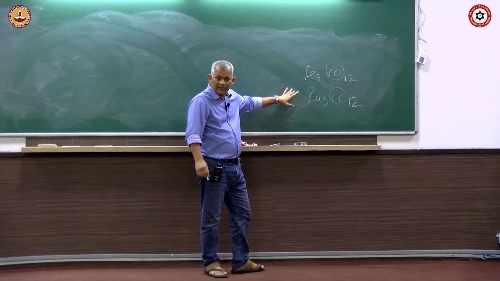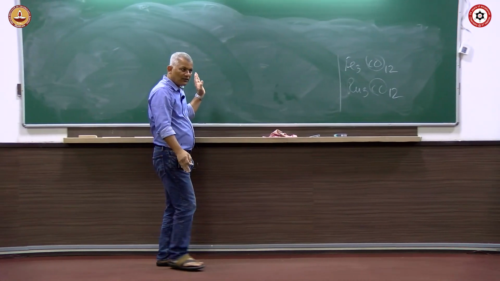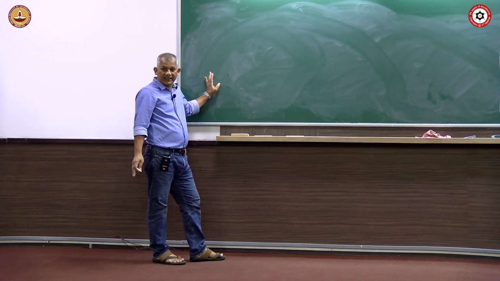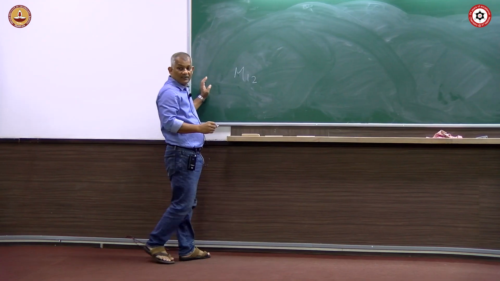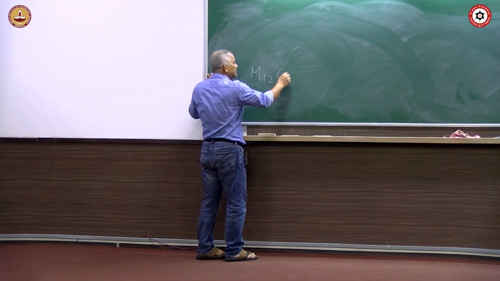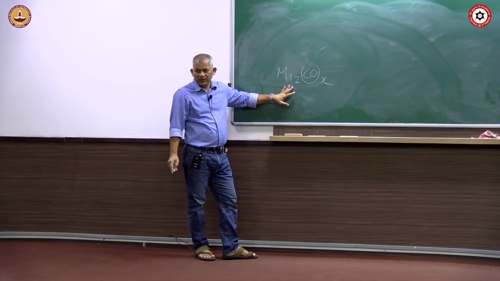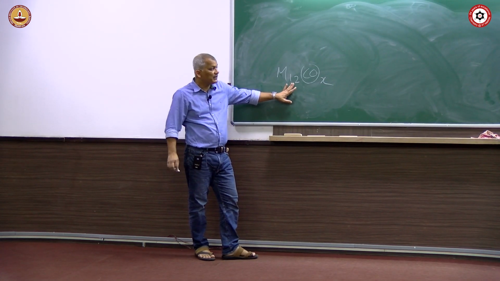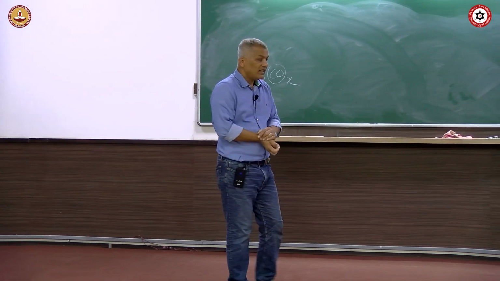So, these are trimetallic. I can go on and on, all the way up to 12 metals, M12. And we do not know how many carbon monoxide ligands will be there. So, this is something different.